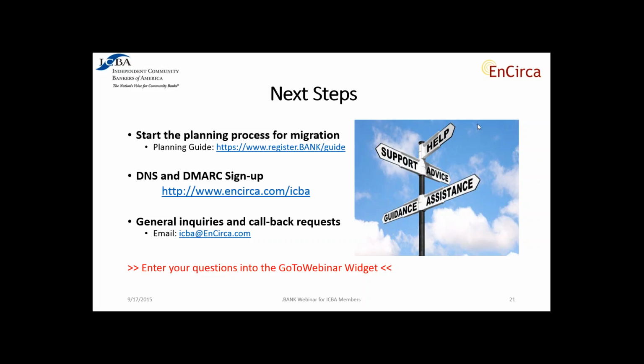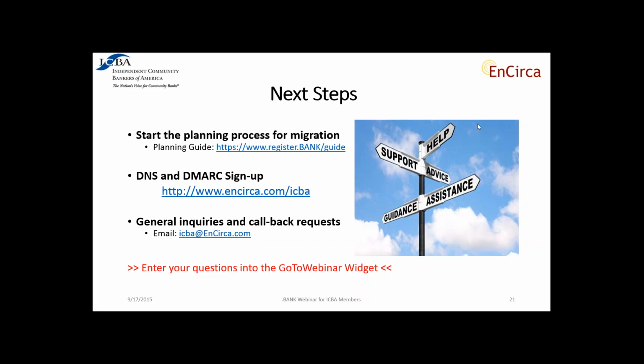Thank you. And you mentioned earlier we had a list of expenses for a .bank domain name. Do services such as DNS and DMARC, can they accommodate more than one .bank name for the same price? That's a good question. So we do have discounts if you want to use multiple domain names.